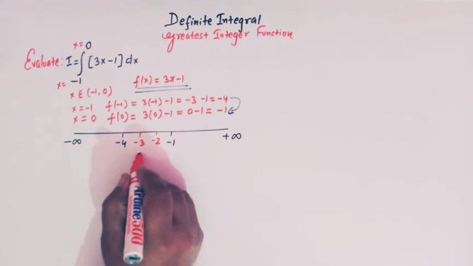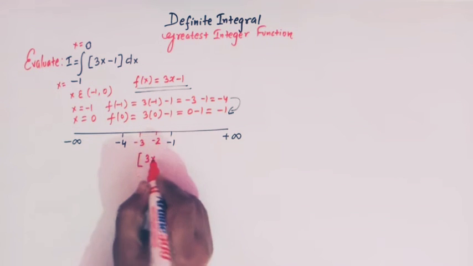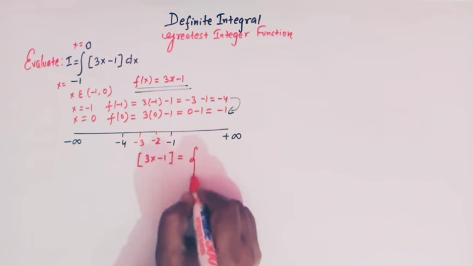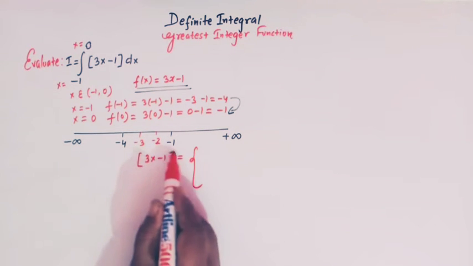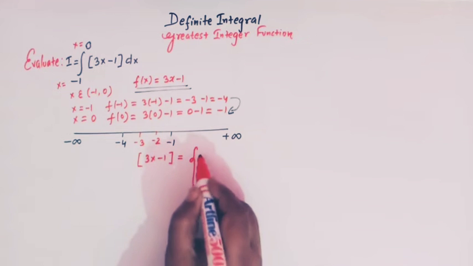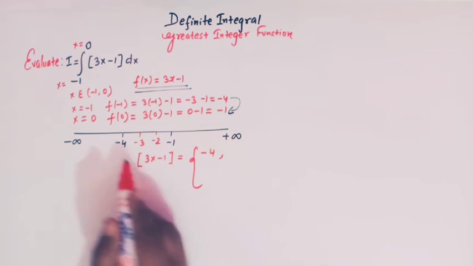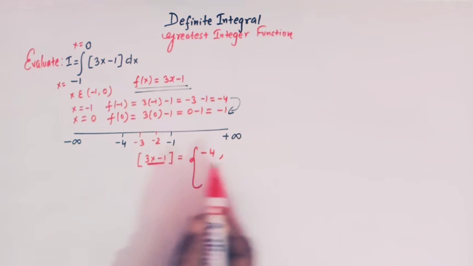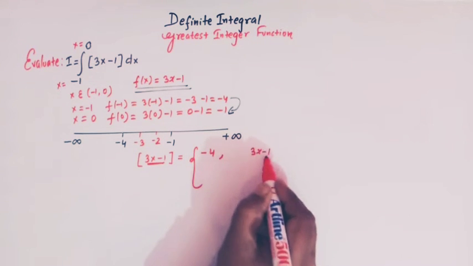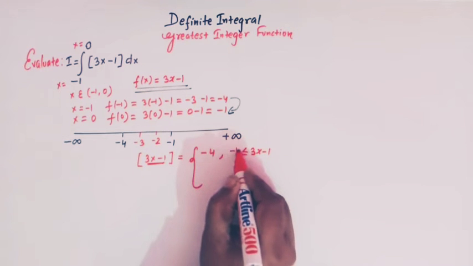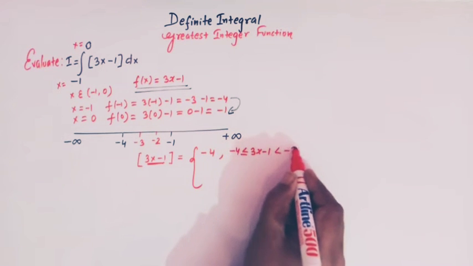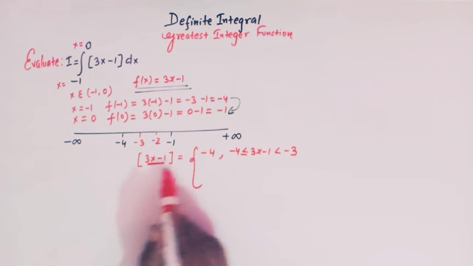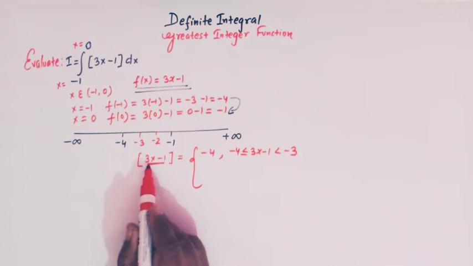Now let us see the greatest integer function of 3x minus 1. Its value is equal to minus 4 whenever 3x minus 1 lies between minus 4 and minus 3. This is due to the definition of the greatest integer function.